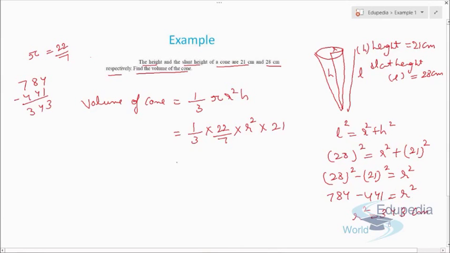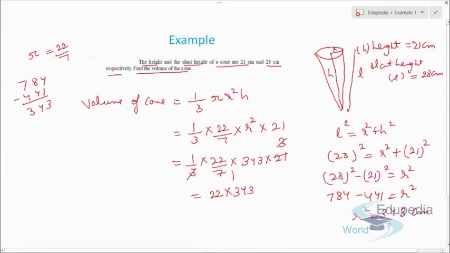Now we can write it over here and find the value. So this will come out to be 1 by 3 into 22 by 7 into 343 into 21, right? Now this will cancel with this and this will cancel with this. So we are left with 22 times 343.